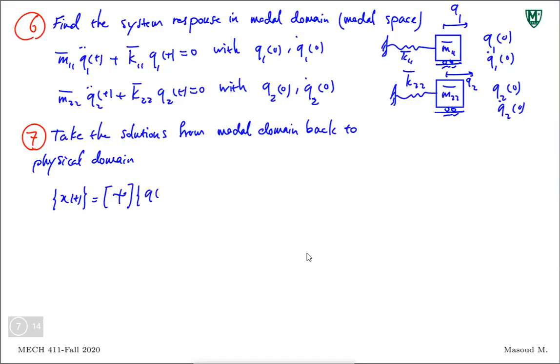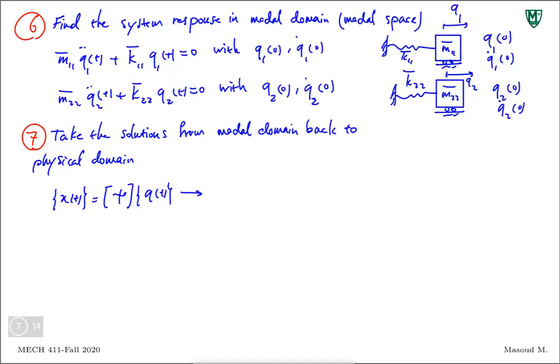This is the general transformation we have when dealing with matrices in modal analysis. Now, because we are transforming back to physical domain, and we transformed the initial conditions to get the right initial conditions in modal space, we had to normalize the modal matrix.